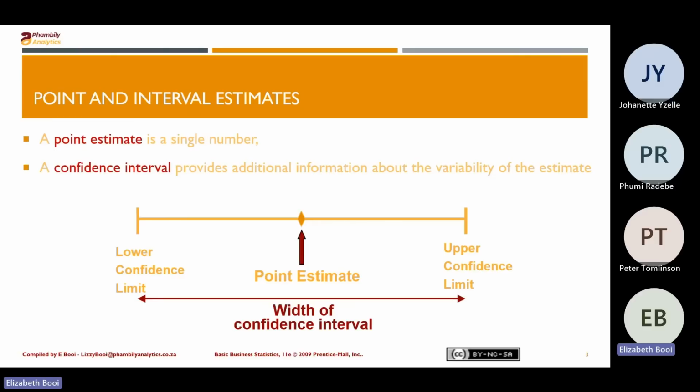It provides you with information about where your variable is located, the variability of that variable. So we are going to have to calculate those boundaries or those limits that we're talking about, between the upper and the lower.